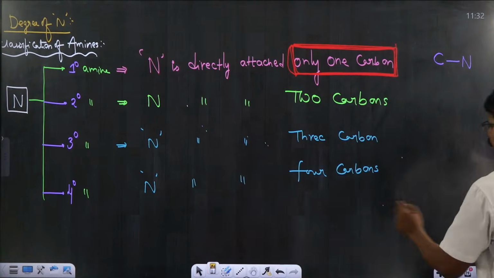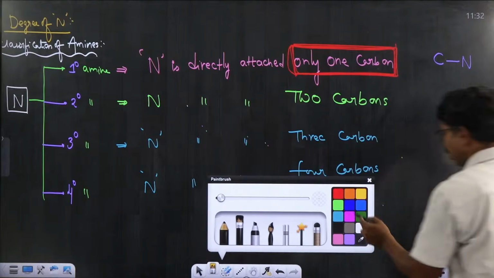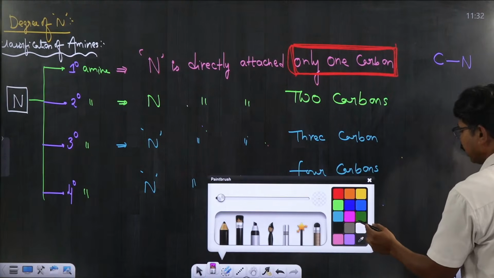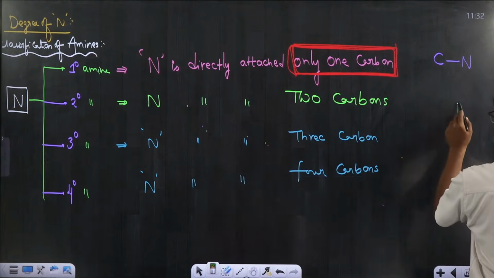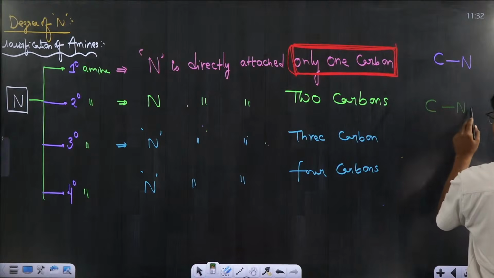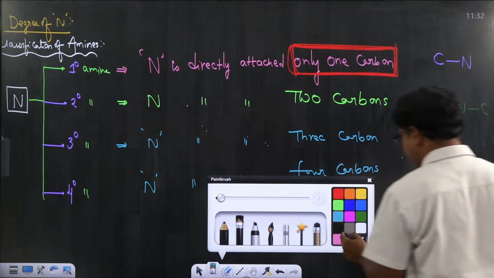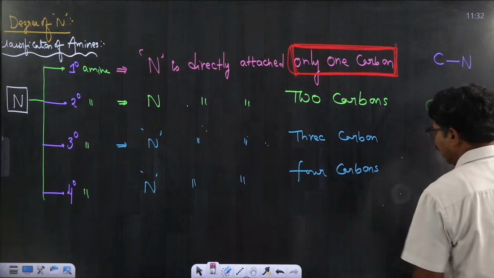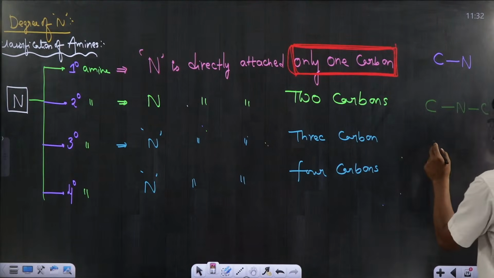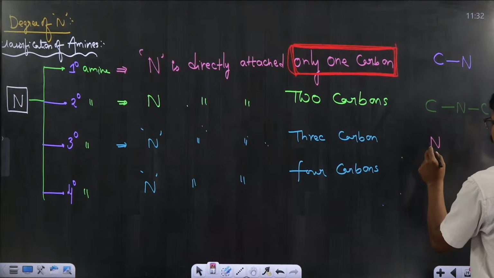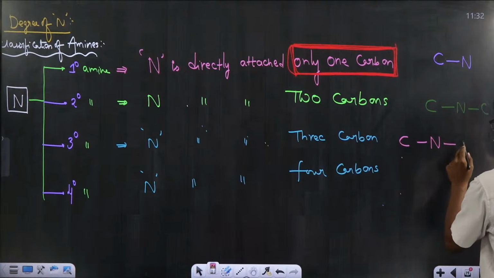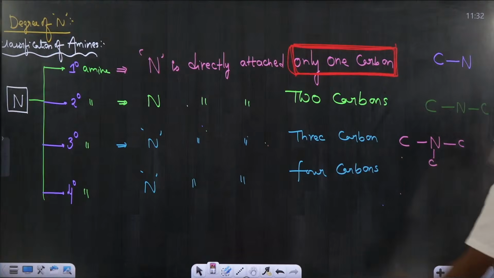In the same way, secondary amine is the one in which the nitrogen is directly connected to how many carbons? 2 carbons. If nitrogen is in direct contact with 2 carbons, it would be the secondary amine. Now moving ahead, tertiary amine is the one in which the nitrogen is directly in contact with how many carbons? 3 carbons.